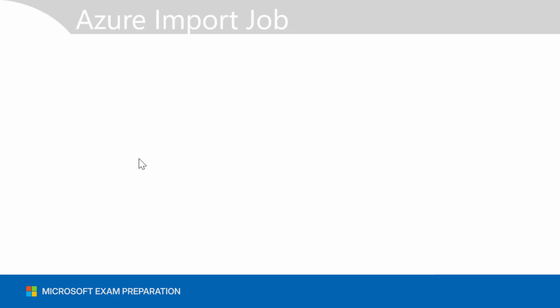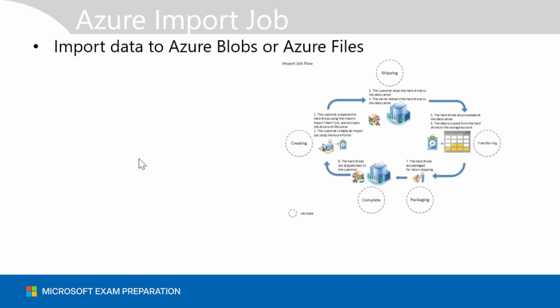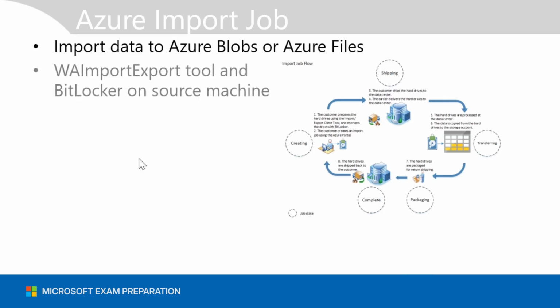The offline operations for importing data to Azure involve a couple of choices. The first is called import-export job. So the import side of the import job can be used to import data to Azure blobs or Azure files. And the idea is you install a tool that's available on the internet. It's a Windows executable. You put it on a machine that also has BitLocker already installed.